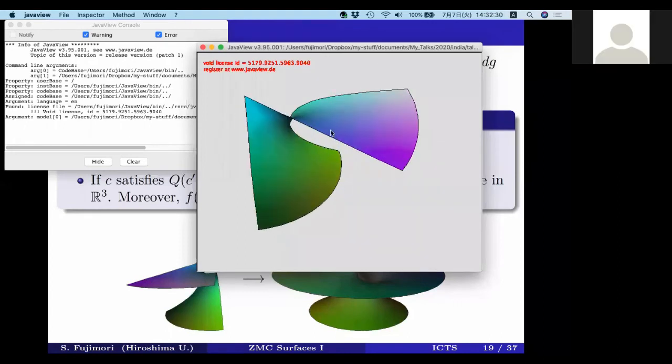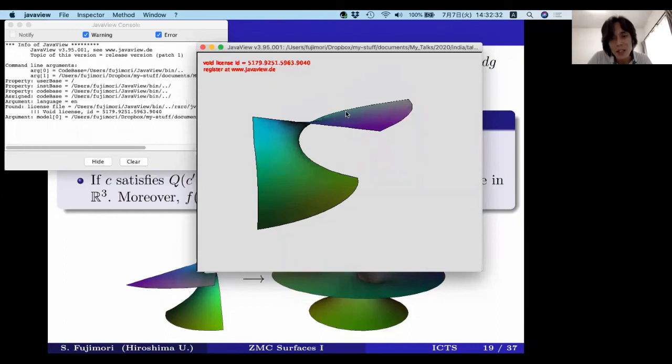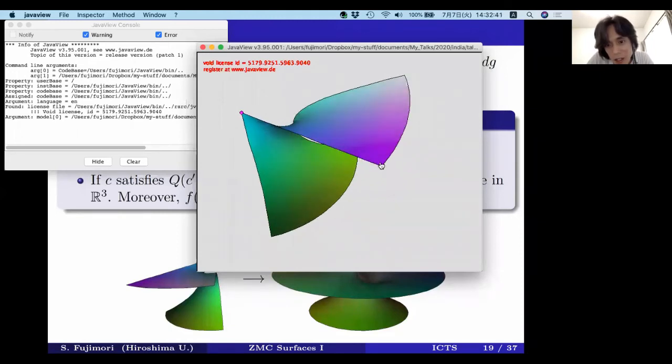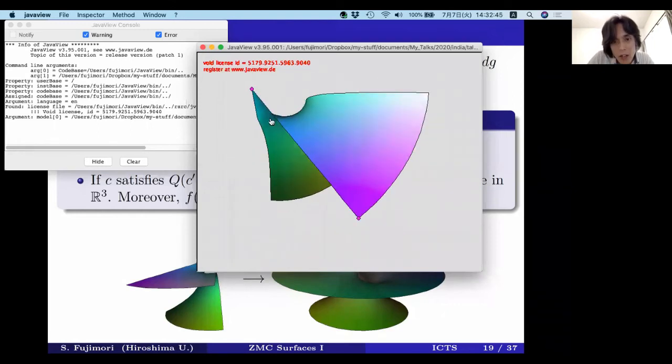Okay, we'll make a reflection. First, the surface is symmetric, so we first extend the surface with respect to this line by 180-degree rotation.